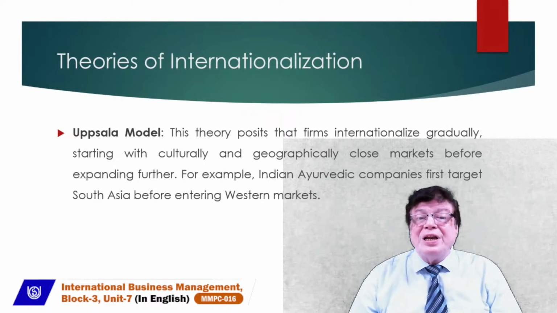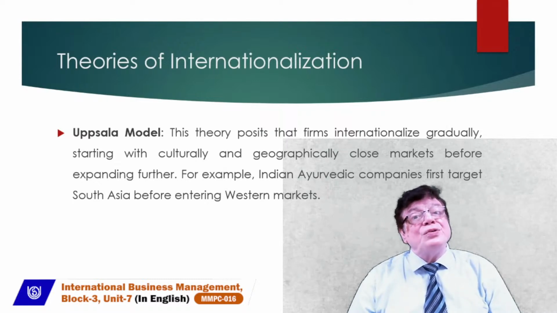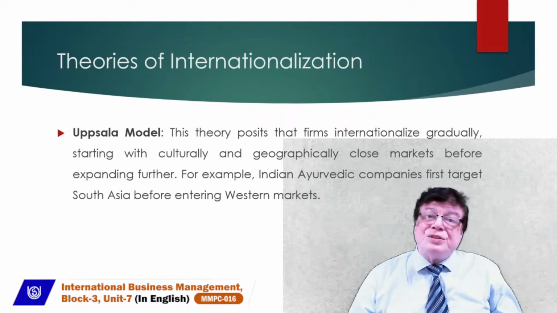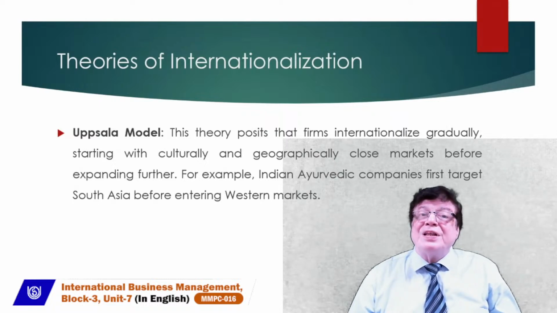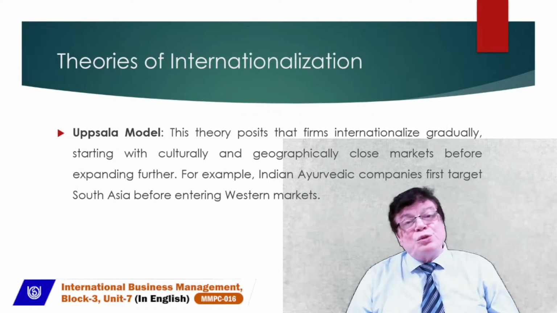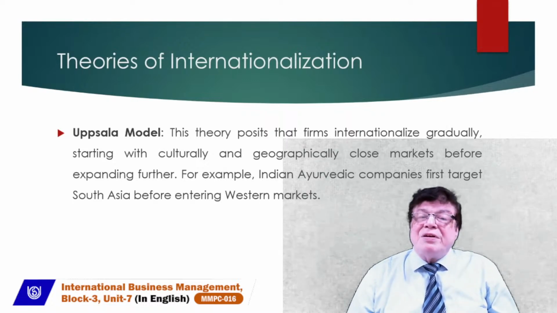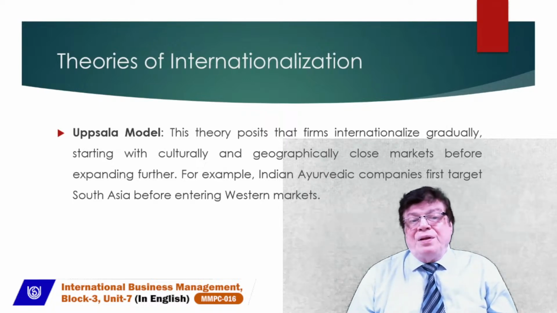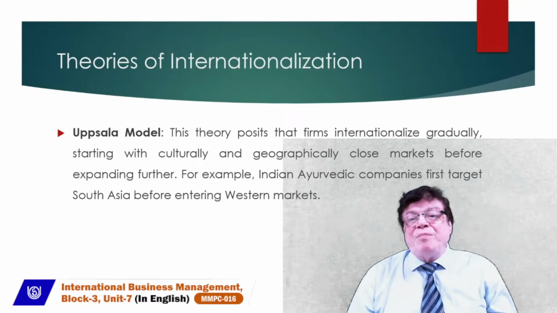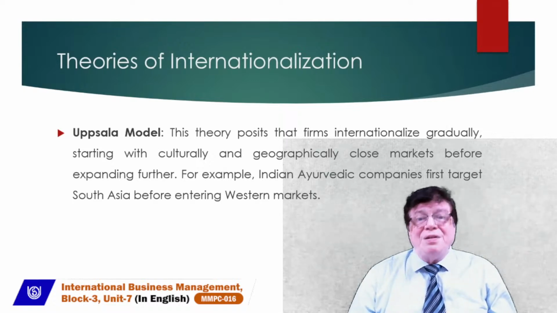They will start with markets which are close to India before expanding further. First, they will supply goods to the countries which are close to India. Here they have explained it by giving an example: Indian Ayurveda companies first target South Asia before entering Western markets.